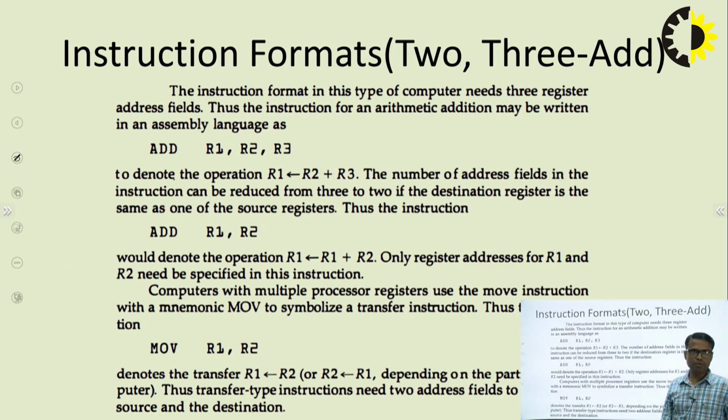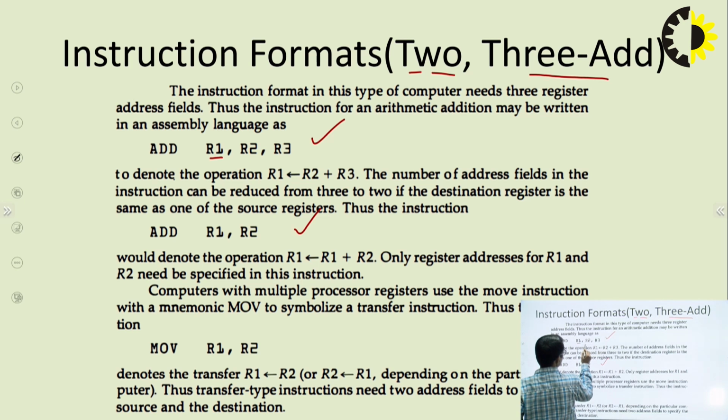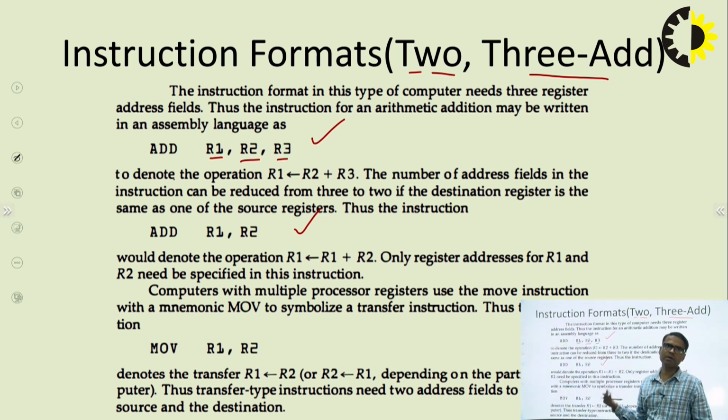Fine. Now, there may be other possibilities: the instruction format can have two or three addresses also. Here we have shown one example, and another is this. Okay. So here you can see there are three explicit addresses R1, R2 and R3 mentioned, or another combination like memory. The instruction format in this type of computer needs three address registers or address fields.